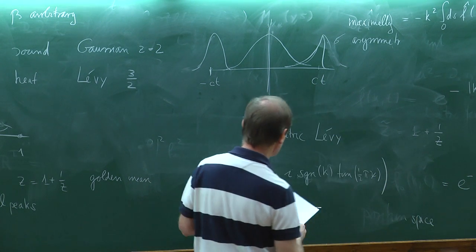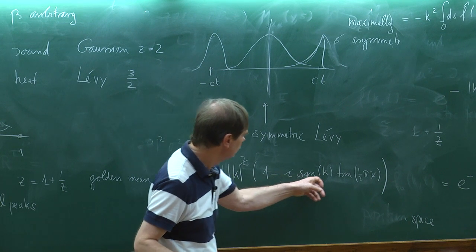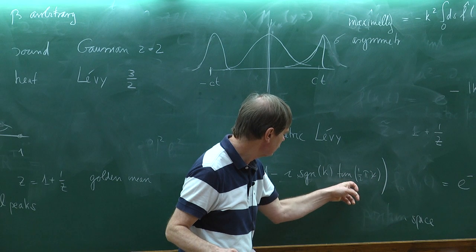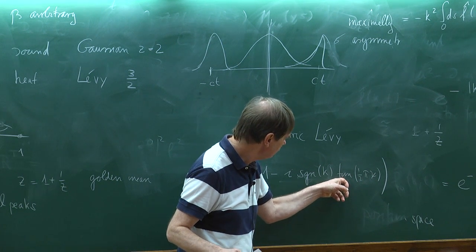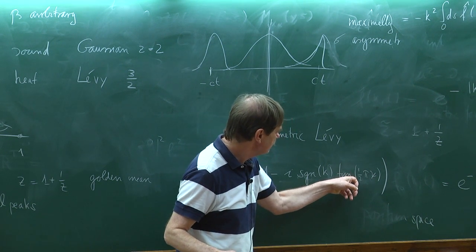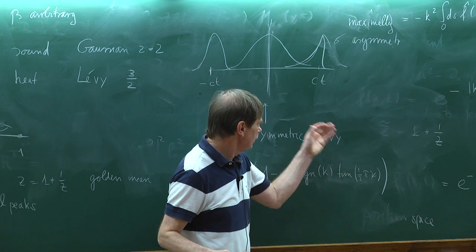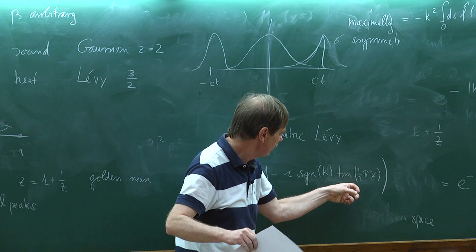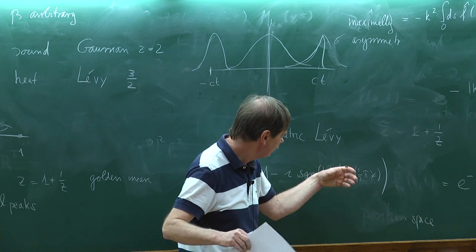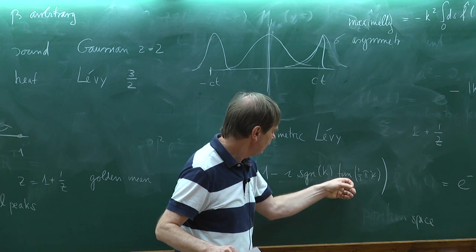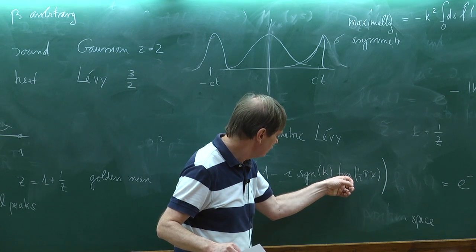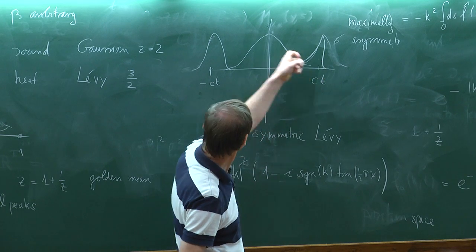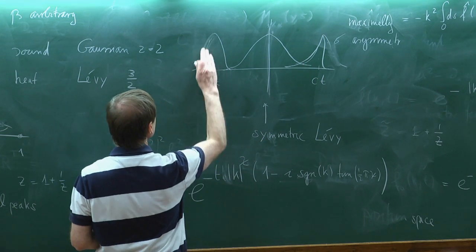So you pick up a phase factor, and you're maximally asymmetric. This is a free parameter, but maximal asymmetry is the maximal value of this parameter, in the sense that if I made it even larger, it would not even be a probability distribution. It's at the border where it's still a positive function, and so this value is the maximal asymmetry. Then there's a plus and minus; this is the minus, and this is the plus. So it looks like this.